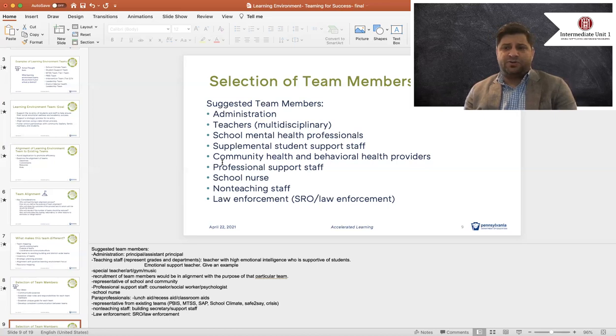You definitely want to include the school nurses to give that holistic perspective, that overall health perspective. Your non-teaching staff and law enforcement. Your school resource officers, if you have them. Maybe you have a contract with an area police department. So you definitely would want to get those involved.